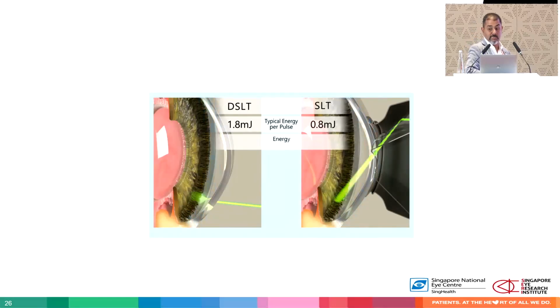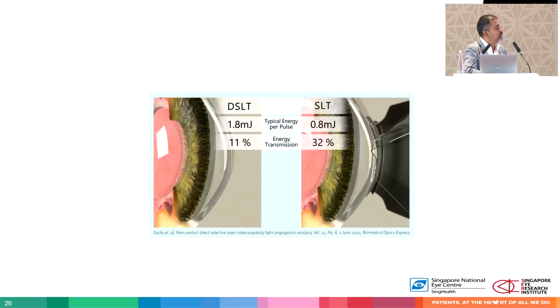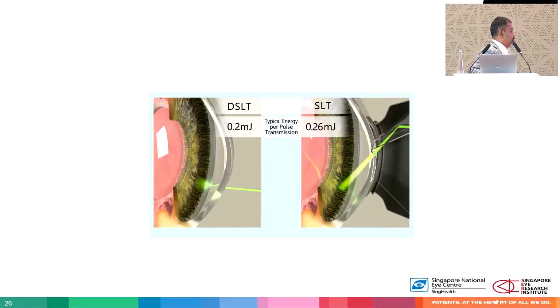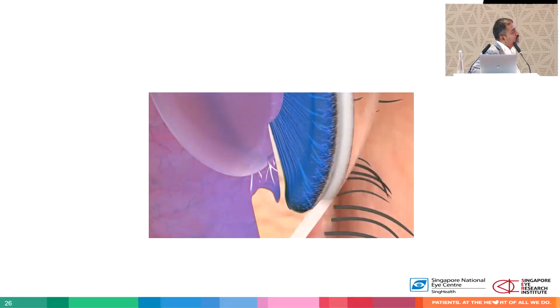DSLT allows energy to scatter throughout the tissue, resulting in lower energy transmission to the trabecular meshwork. Energy per pulse reaching the trabecular meshwork is similar in both therapies. Multiplying this energy by the number of spots per treatment would result in a similar total energy reaching the trabecular meshwork in both therapies. The resulting effect is a lowering of intraocular pressure.